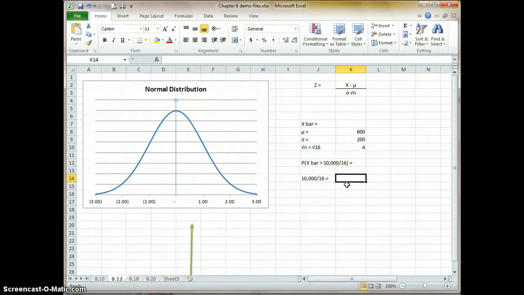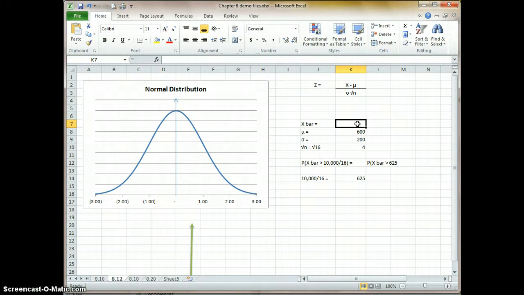So here, let's do that calculation. Equals 10,000 divided by 16 is equal to 625. So it's equal to the probability of x bar greater than 625.